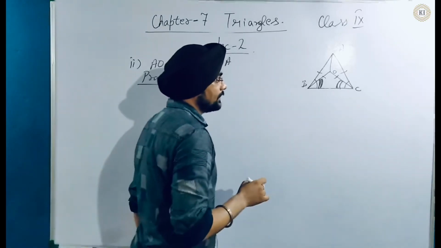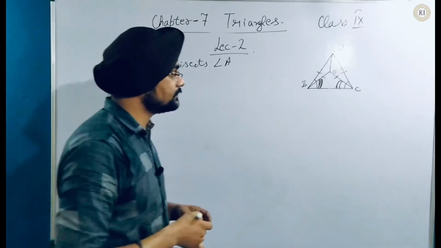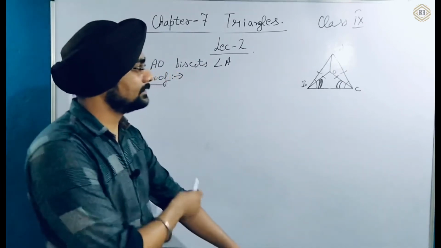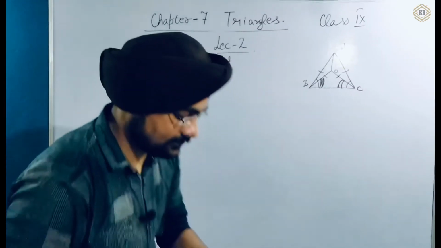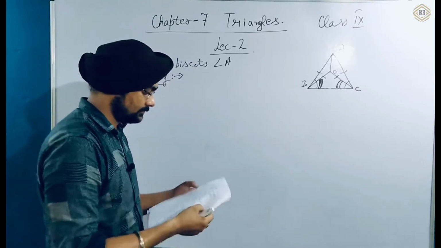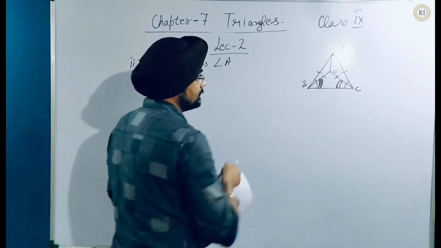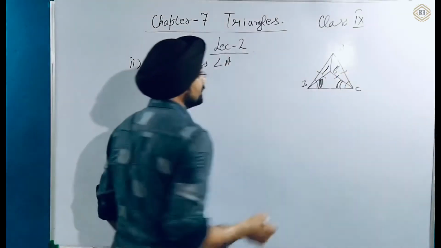We take two triangles. The first triangle we can take as triangle AOB, this triangle and this triangle.